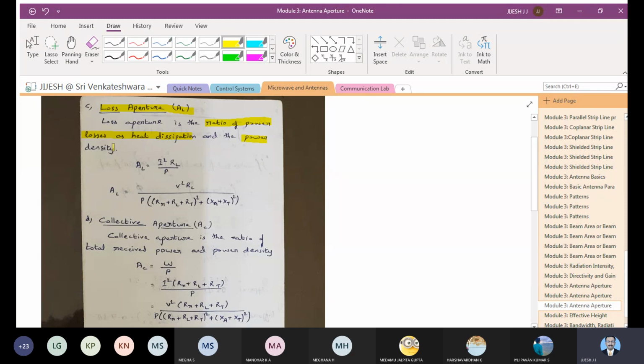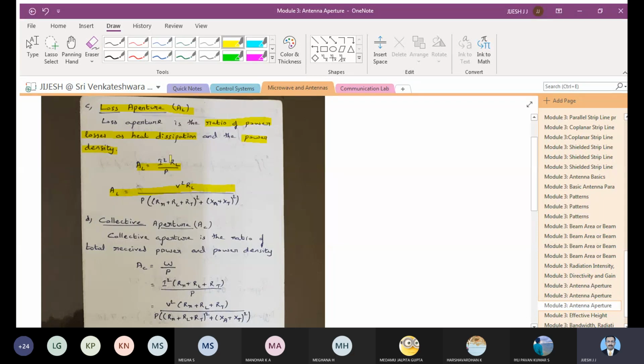We can write it as AL is equal to I square RL divided by P, or AL can be written as V square RL divided by P into (RR plus RL plus RT) whole square plus (XA plus XT) whole square. So this is the equation for AL, the ratio of power loss as heat dissipation.